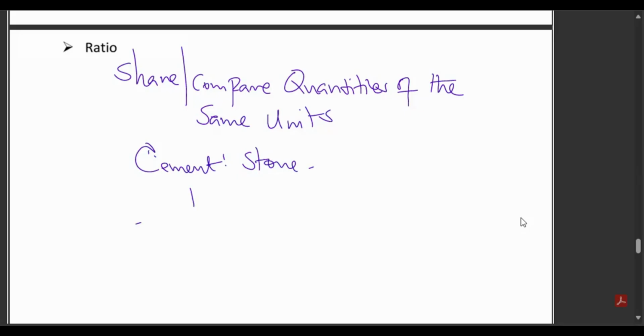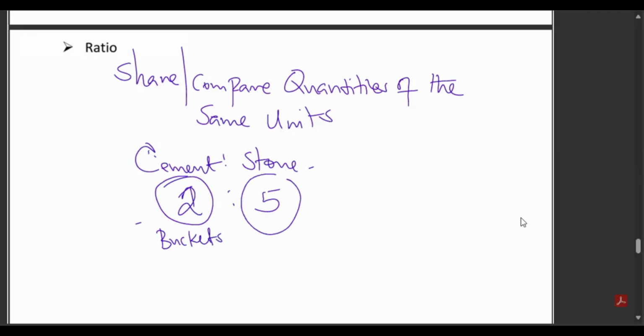This means if you need 2 buckets of cement, and they tell you here you will have, let's make it 5. This means if you have 2 buckets of cement, you'll be able to mix 5 buckets of those stones.